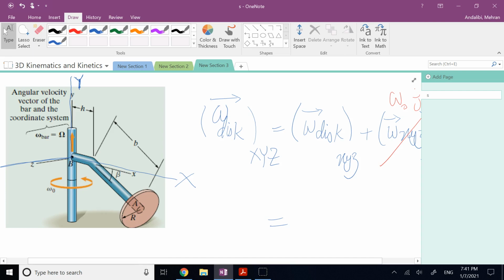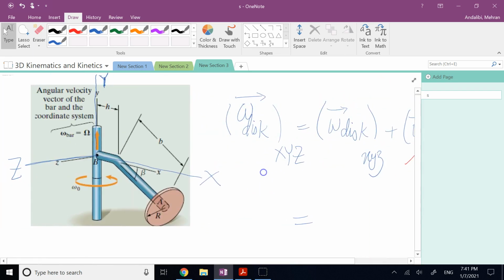Well, in this case, no, because small y and capital Y are on top of each other, so that j is not going to be any different. This vector is j. Okay, so no difference about j. But when I talk about i and k, I'm talking about the ones along the small x and the small z. So this is k, and this k rotates with omega naught, and this is i, and this i also rotates with omega naught.